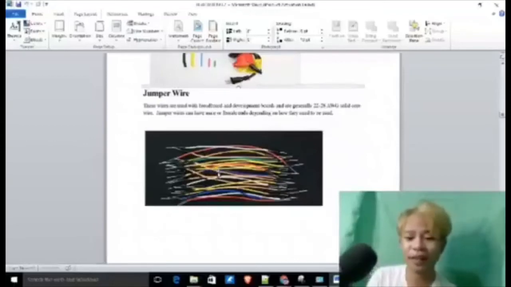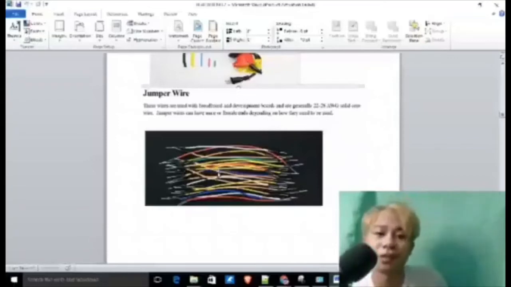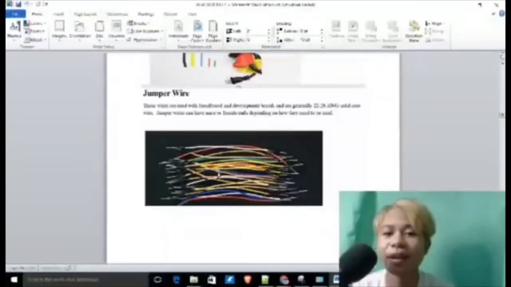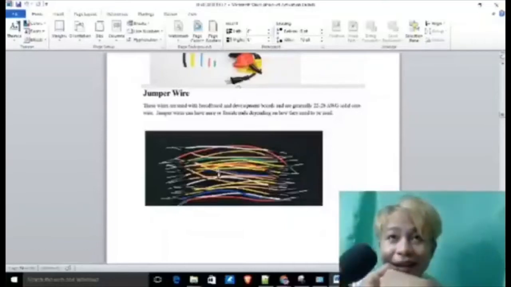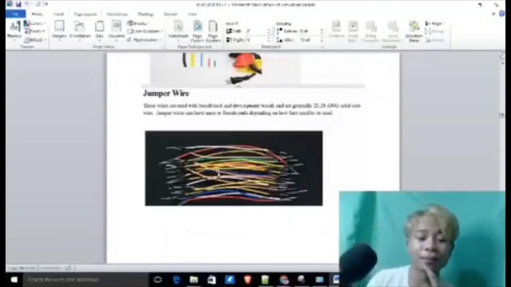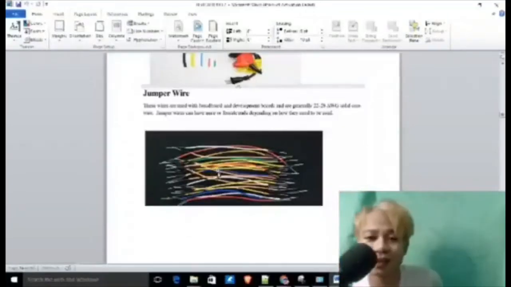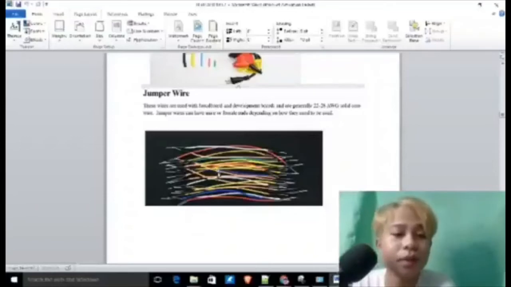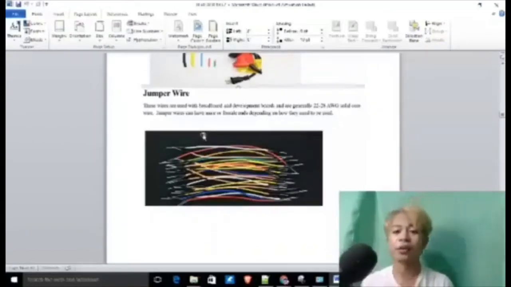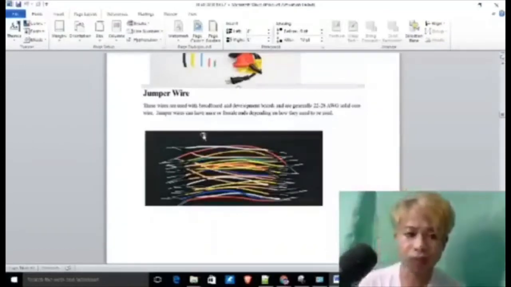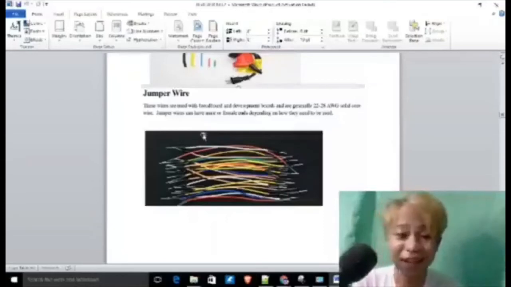I've been using it for flashing modems. So when I read jumping wire, what pops up in my mind is using it for connecting things. Yeah, these wires are used for development ports and generally for AWG solid core wire. That's actually the use of the jumping wire.